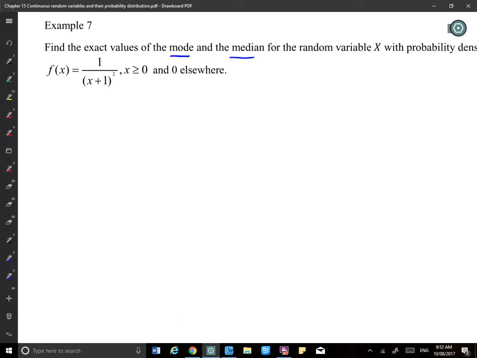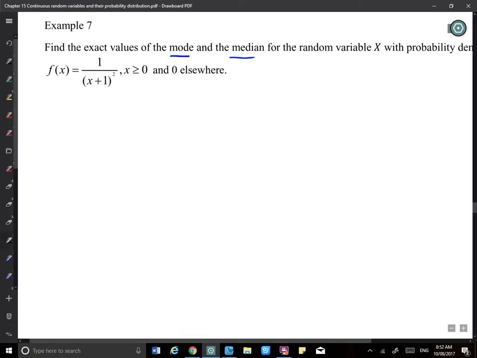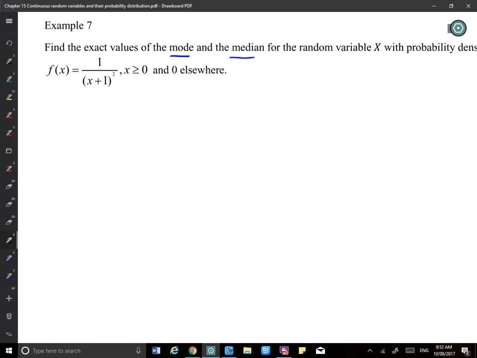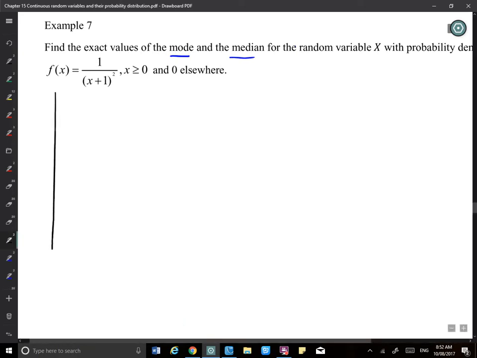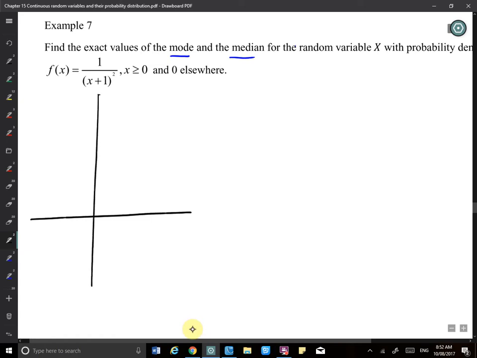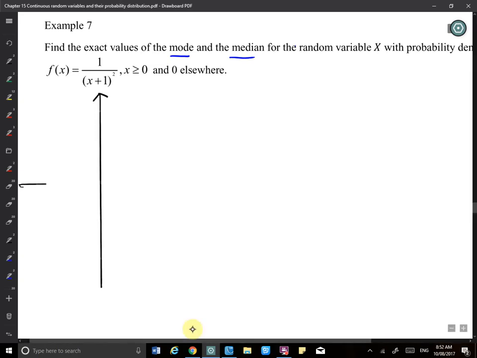Everyone's in the class. Okay, let's sketch this function first. So what do you have?